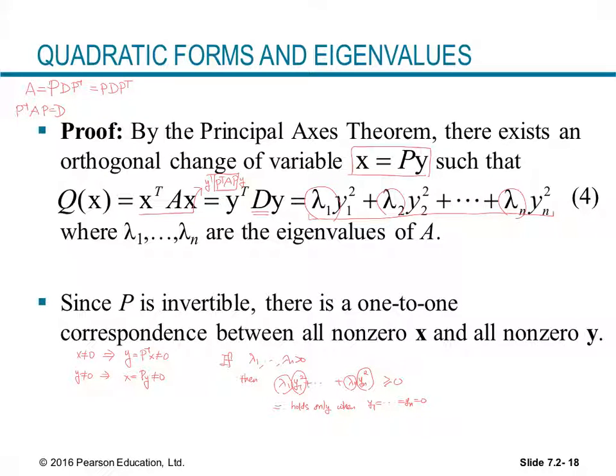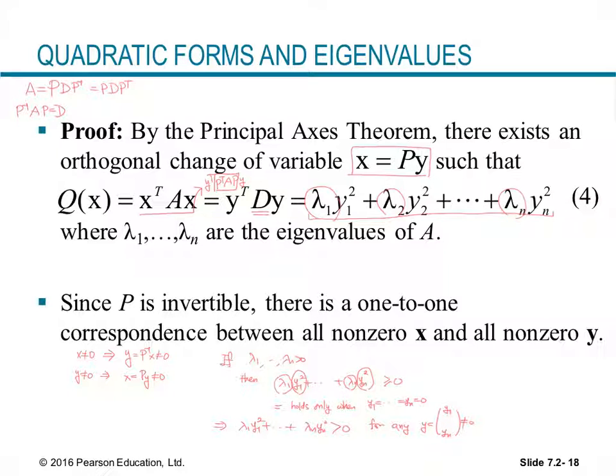So from this, lambda 1 y1 squared up to lambda n yn squared will be positive if we consider a non-zero y vector, and that means for any non-zero x vector, Q(x) will be positive if lambda 1 up to lambda n are positive. So the converse is also satisfied.